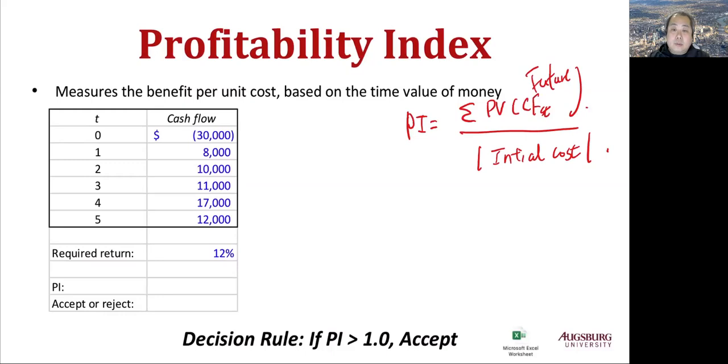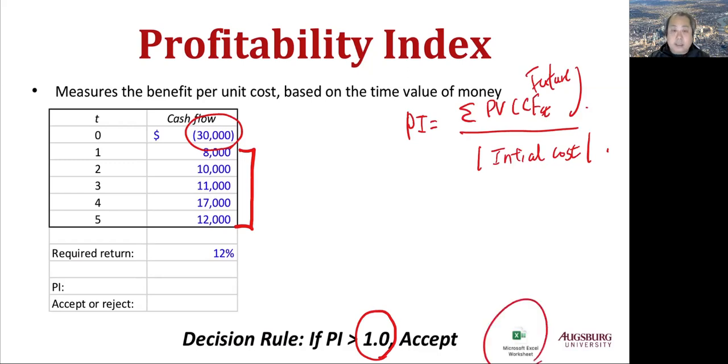In this example, from year 1 to year 5, present values, divided by the absolute value of the initial cash flow, $30,000. If the present value of the future cash flows is greater than the initial cost, which generates positive NPV, PI should be greater than 1. So the decision rule is if PI is greater than 1, then accept.